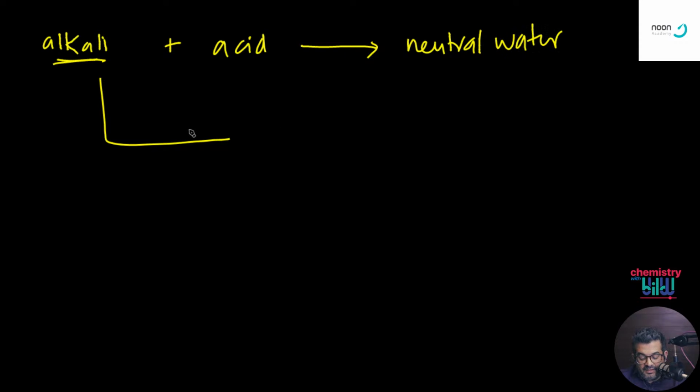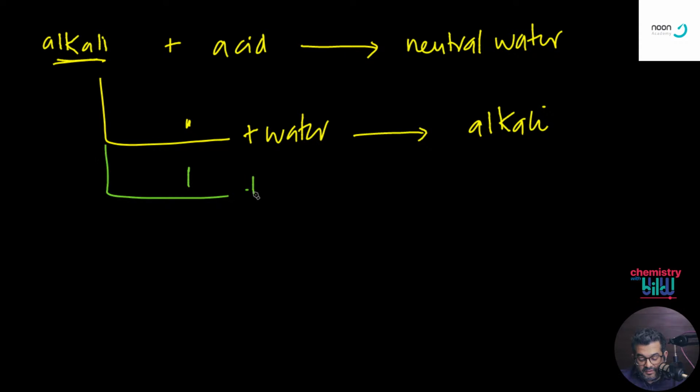But if you have an alkali and you add water, it still stays as an alkali. Remember that. Nothing happens. You might want to add a salt to an alkali. What will happen? It will still stay alkali. Let me say this a little better.